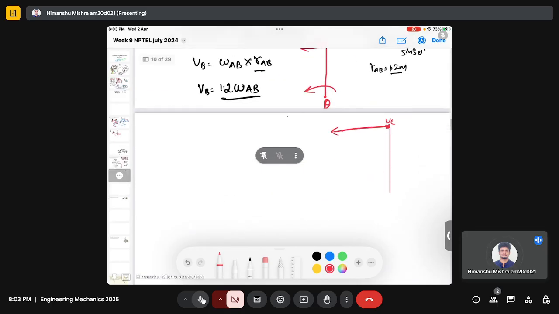So this is my point B, this is my point C. C has the velocity vector in the left-hand side direction, and B has the velocity vector like this. So this is my position vector of B, which should be normal to the velocity vector VB. And for C, this should be my position vector.